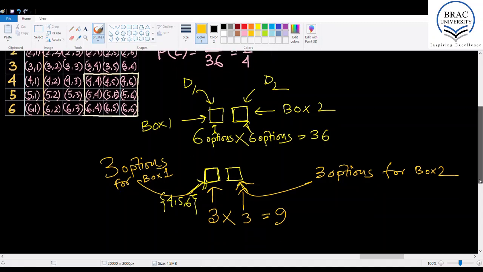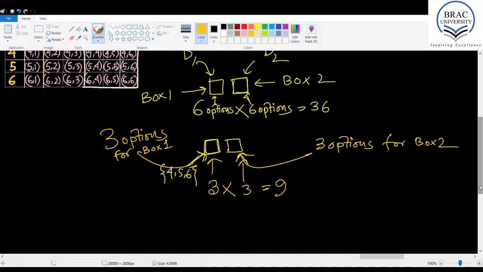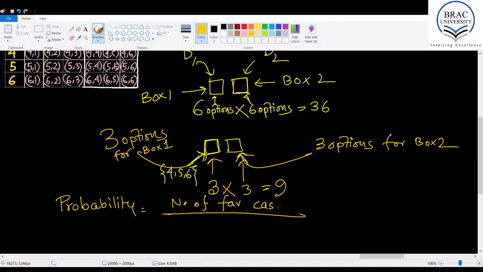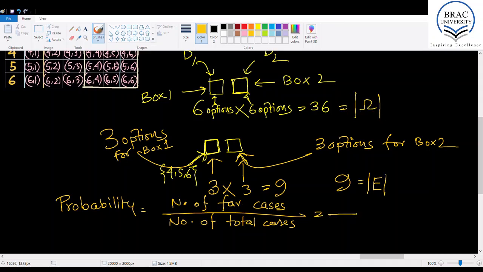Alright, so now we are almost done. By the definition of probability of an event, the probability is the number of favorable cases by the number of total cases. You already know that this 9 is the cardinality of E and this 36 is the cardinality of omega, so it equals 9 by 36, which is 1 by 4.